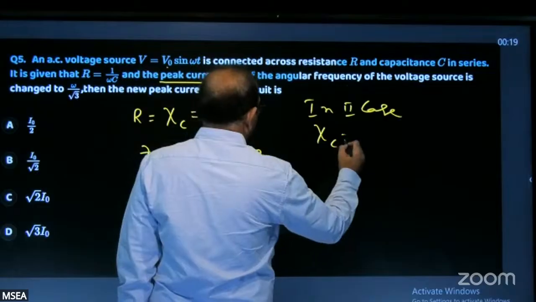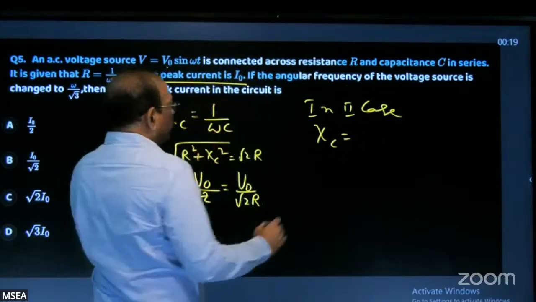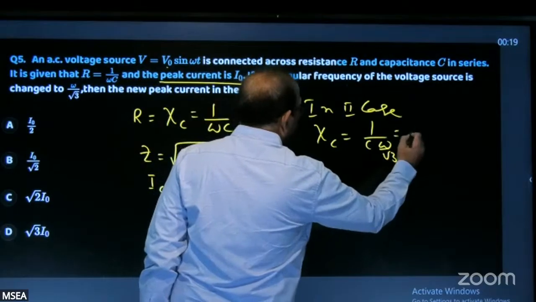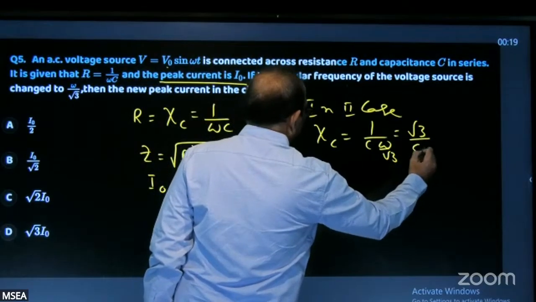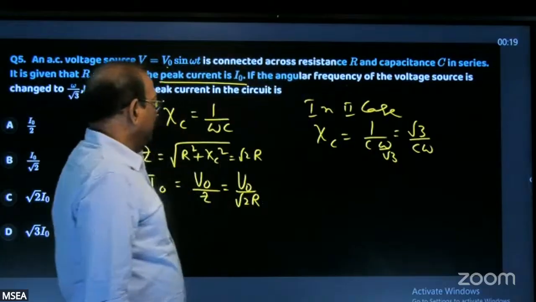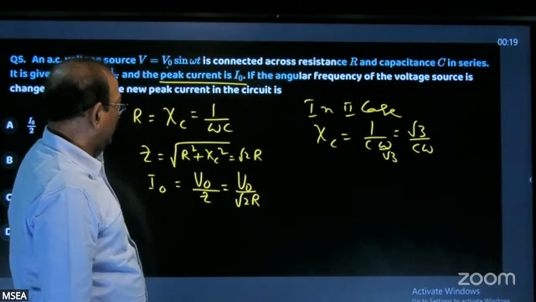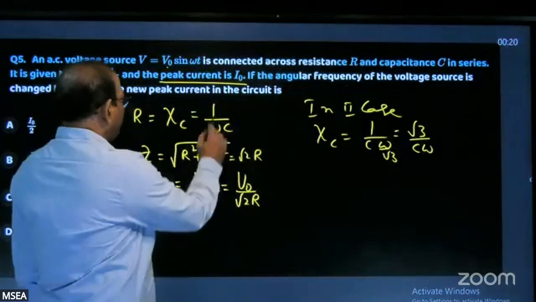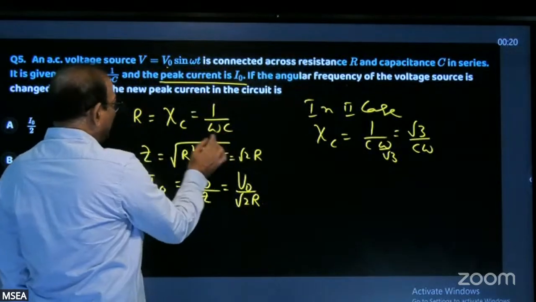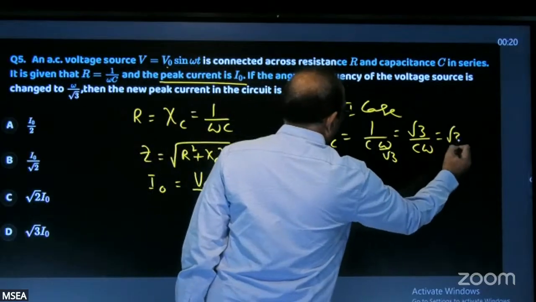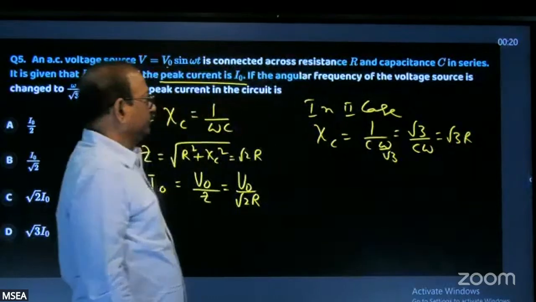What is the capacitive reactance now? 1 by C omega value, 1 by C into omega by root 3. That is root 3 by C omega. What is 1 by C omega? 1 by C omega is R. So this is root 3R.